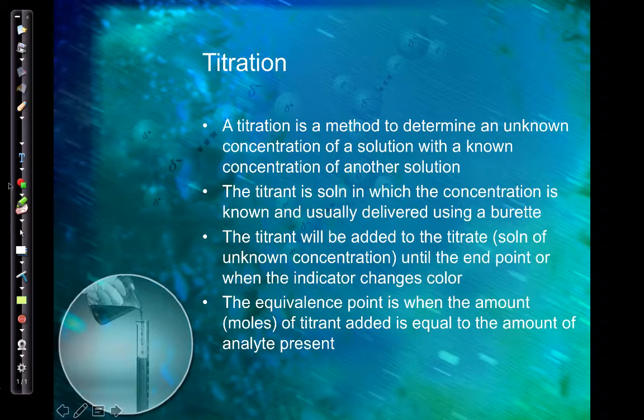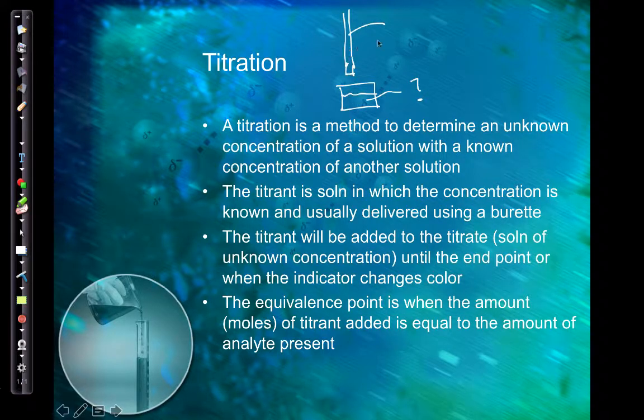Okay, so typically you're going to have a burette, and you're going to have something that you're interested in. What you'll do is, if you know the molarity of the thing that's in your burette, you will continue to add that until all of this has reacted.